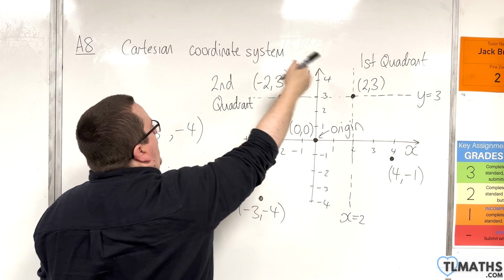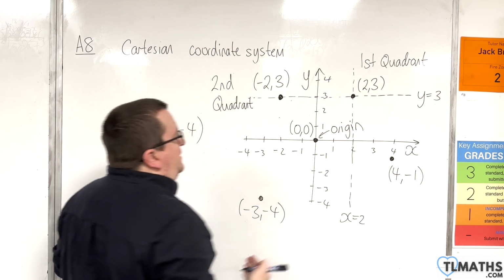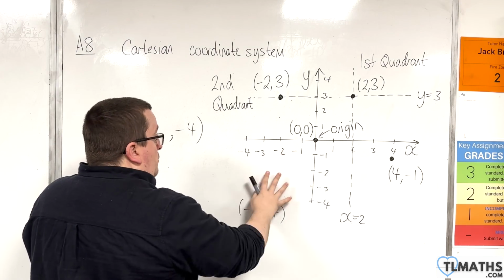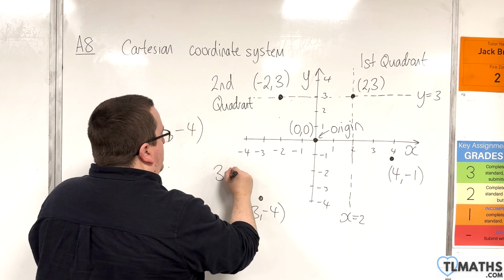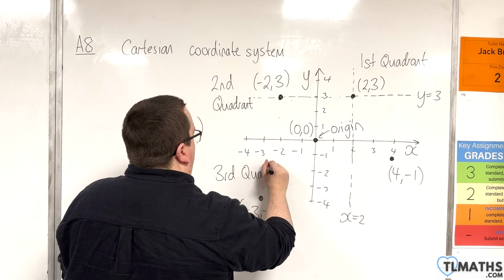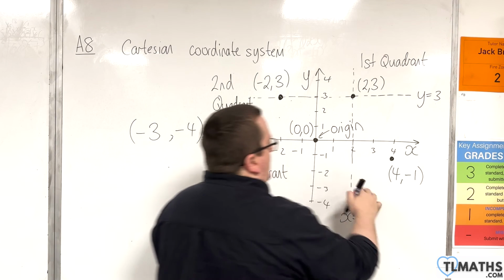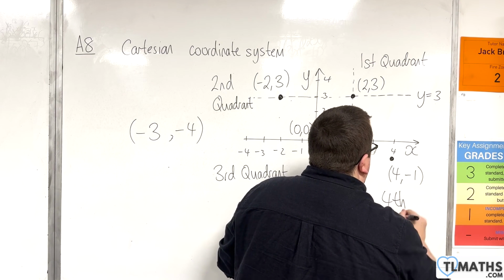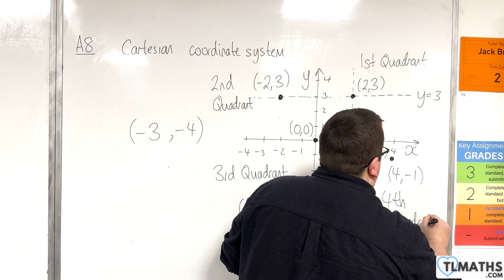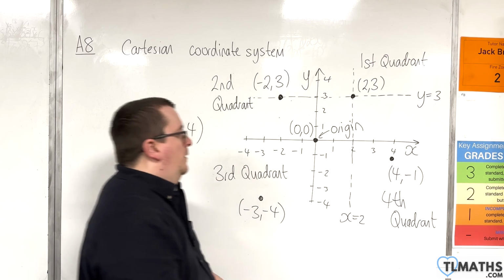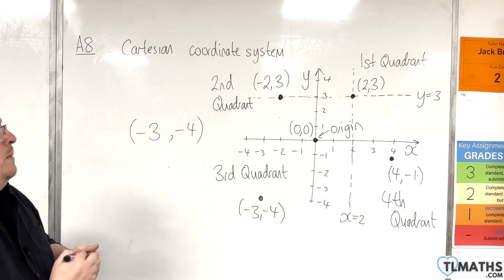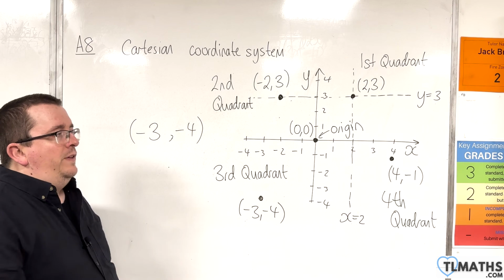And we're working our way round anti-clockwise here. So the bottom left is the third quadrant. And then the bottom right is the fourth quadrant. Okay? And so this gives you a picture of everything that you need.